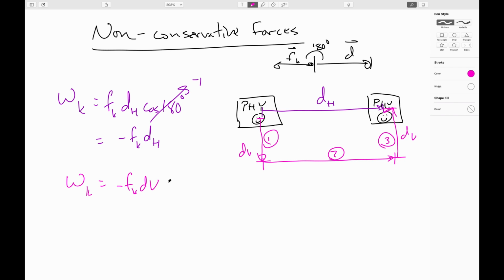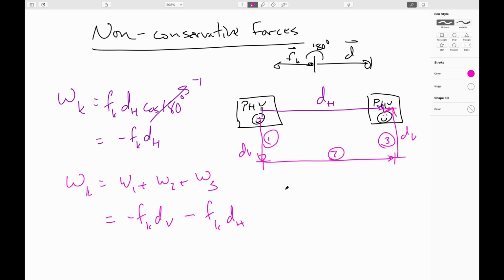Then let me make this a little more explicit: W1 plus W2 plus W3. So W1 was minus Fk d sub V. Then work along leg 2 will be minus Fk d sub H. Then along leg 3, again, same deal.